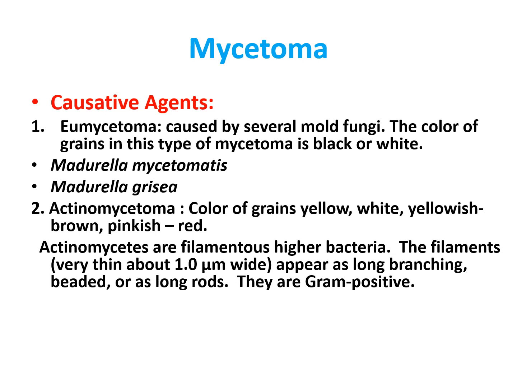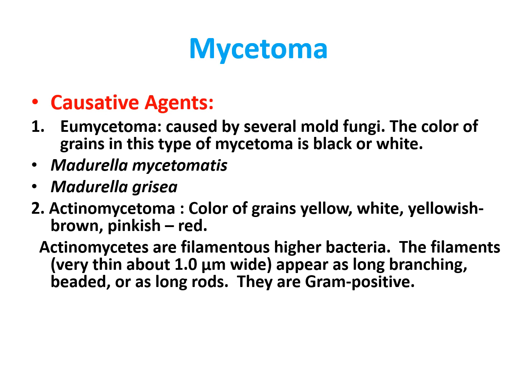The color of grains in this type is black or white, such as Madurella mycetomatis and Madurella grisea, while in actinomycetoma, the color of grains is yellow, white, or pinkish to red.